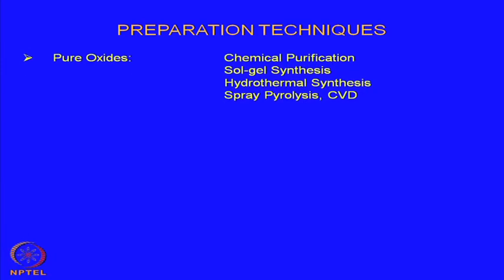Now, we come to the preparation technique. What is the basic preparation technique used for both traditional as well as advanced ceramics? Well, if you are talking about pure oxides, primarily for the advanced ceramics group which I have just discussed, there are different techniques by which one can make high purity oxides.